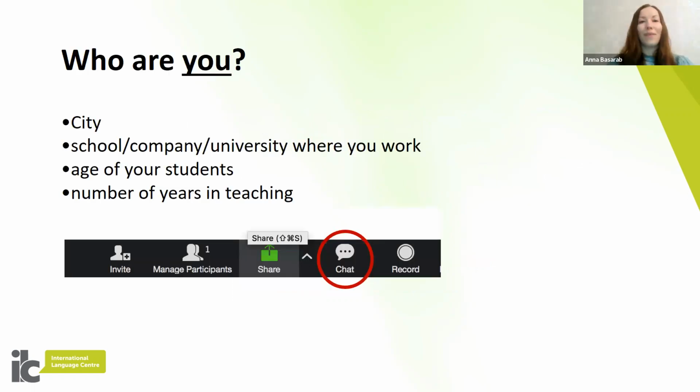For example, I would like to know something about you. So can you please type in the chat city where you're from, school, company, or university you're working at, the age of your students, and number of years you're teaching. So for example, I'll do myself.